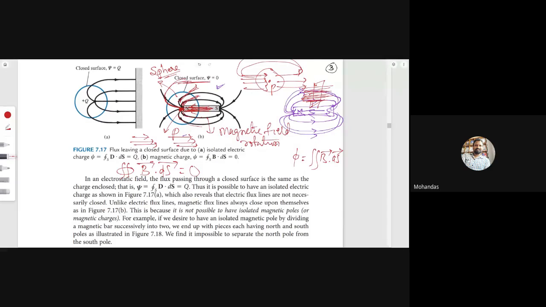That means the flux lines start from north to south, and these flow from south to north. This is one closed loop of flux lines. Again another closed loop, and again another closed loop, because of the rotational nature of this magnetic field. So mathematically, the closed surface integral of B dot ds equals 0.